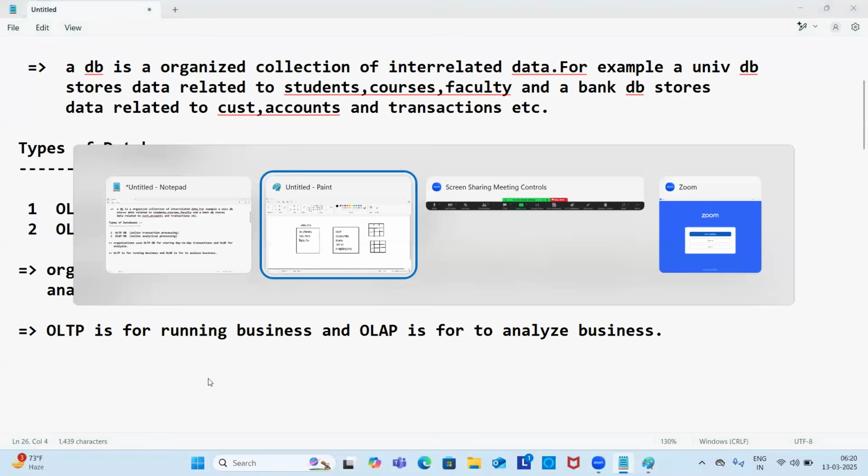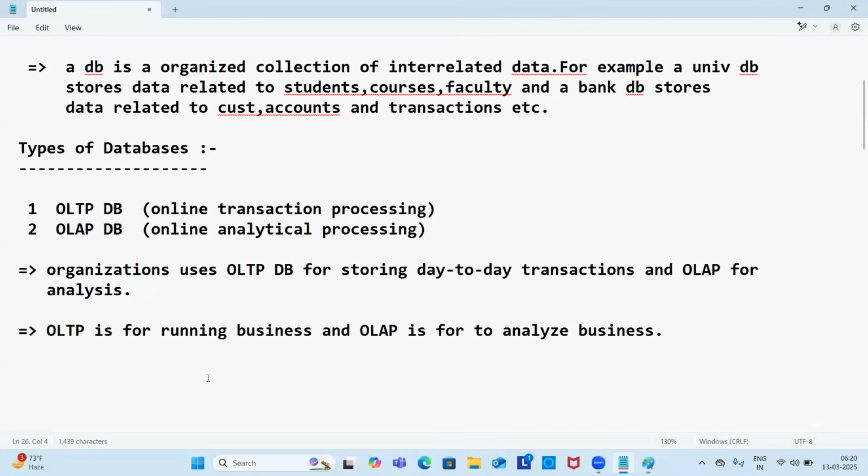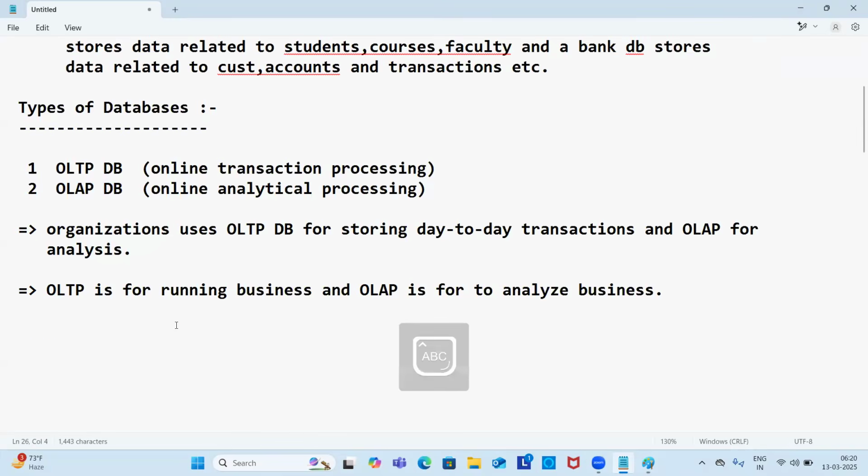But here, listen, take applications. Applications generate the data. Suppose, for example, you take banks: you use a net banking application or a mobile application to do a money transfer or a balance inquiry.